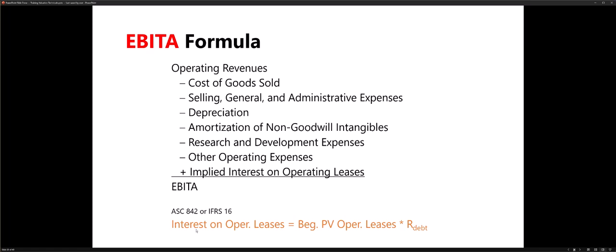So basically, before, operating leases were not recorded as an asset or a debt on the balance sheet, and the expense on those operating leases was recorded basically as rent expense on the income statement. But after this rule, they recorded the operating leases as ROU, right-of-use assets, and right-of-use liabilities on the debt and assets.